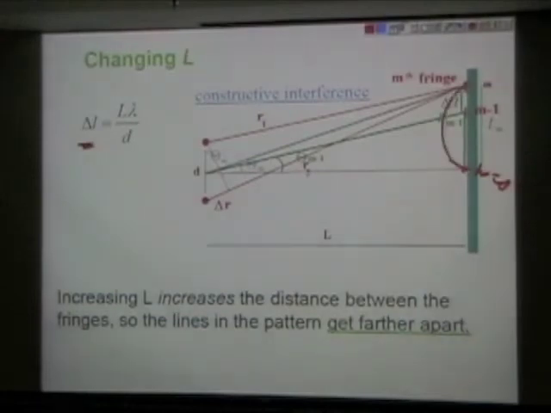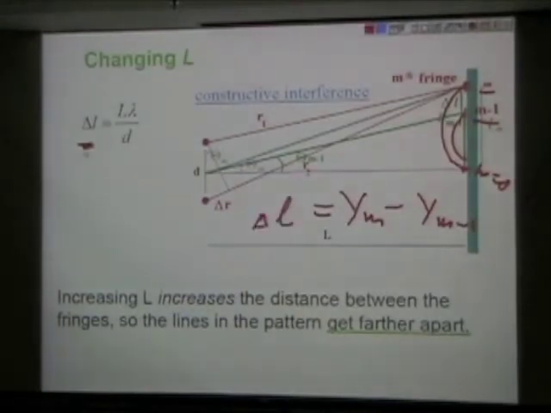This is the distance from the central maximum to the maximum number m, and we usually call it y sub m. And that's the distance from the central maximum to the previous maximum. So if we calculate this difference, this is how far two consecutive bright fringes are from each other.